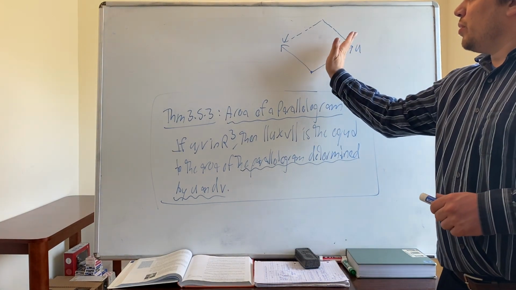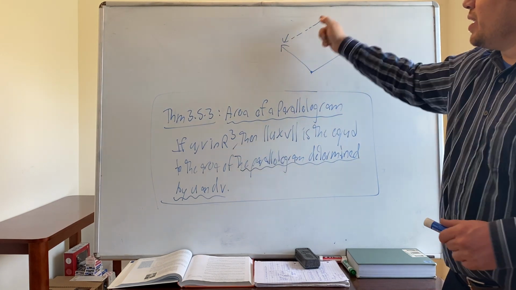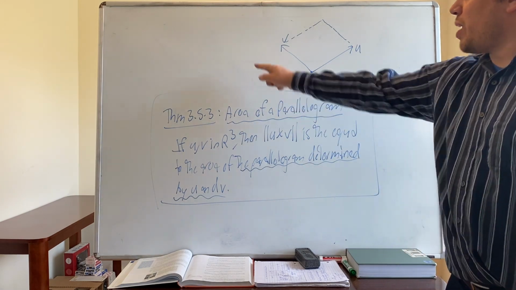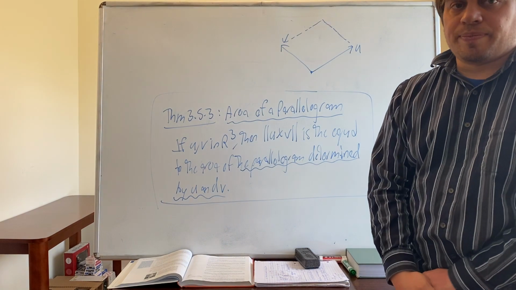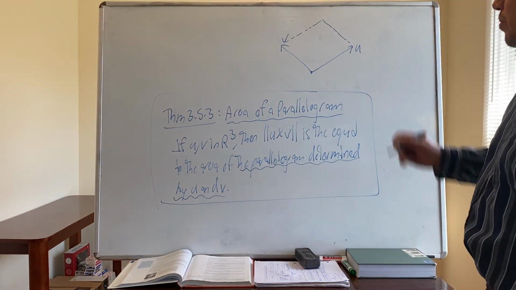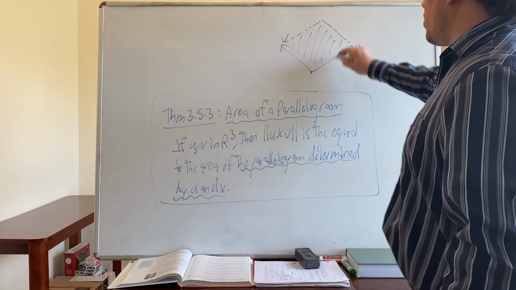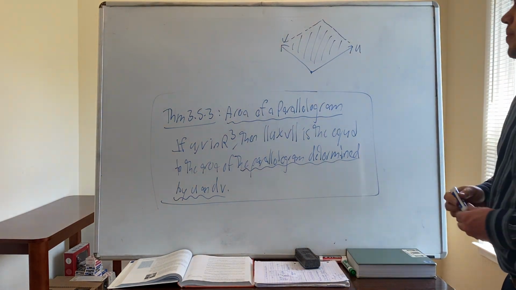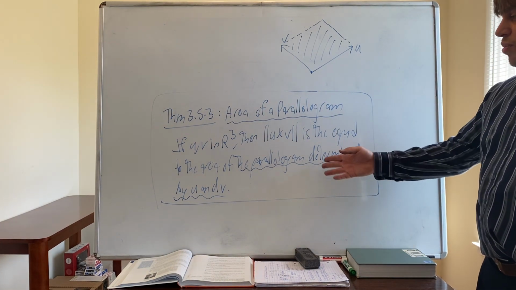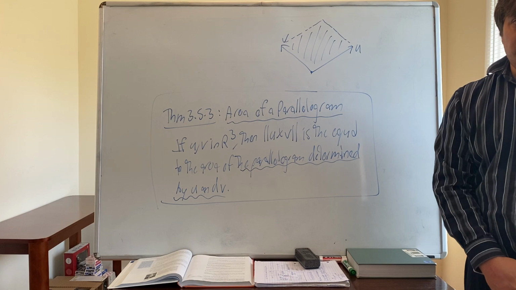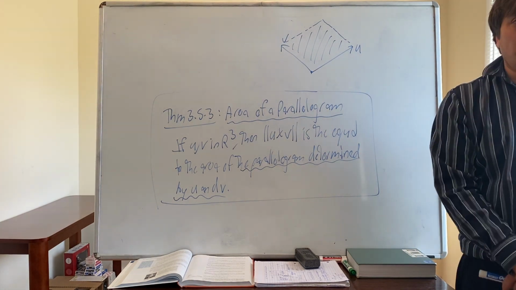Here are vectors u and v starting at the same point, and these two have to be sides. If I chose some parallelogram somewhere else, these would not be adjacent sides of it. So by how we define it, determined by u and v gives exactly one parallelogram.